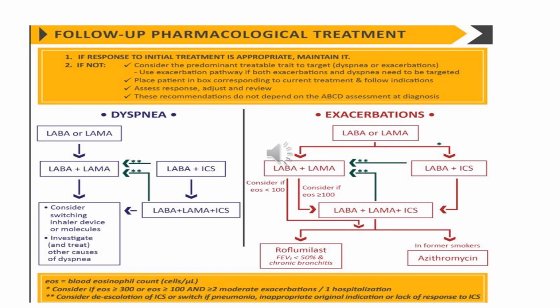If eosinophils are more than 100, that means steroids might be useful, so we go from dual therapy to triple therapy. And also, if the patient's exacerbations are not controlled on triple therapy, we go to roflumilast and azithromycin.